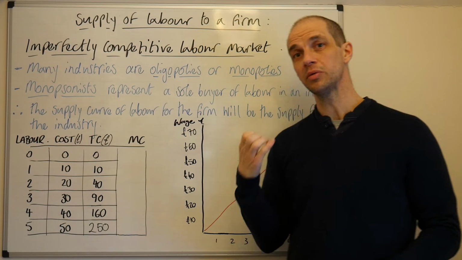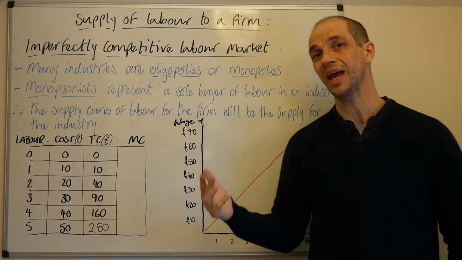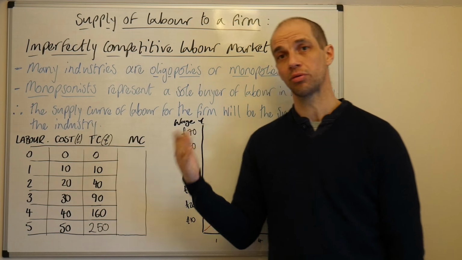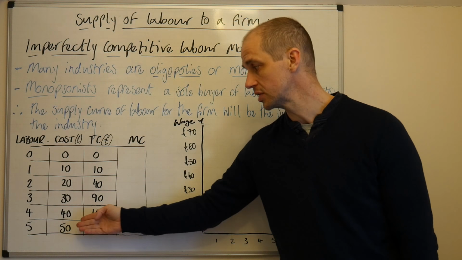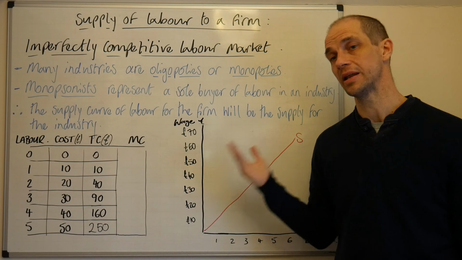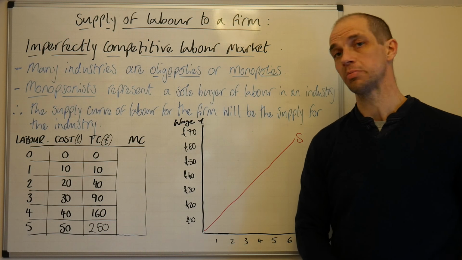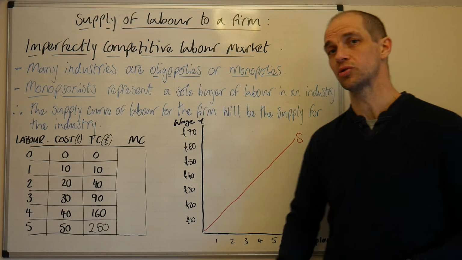Our fourth employee's reservation wage is £40, so total costs jump again. And finally, our fifth labourer is not prepared to work unless they get paid £50, so therefore total costs jump again to £250.